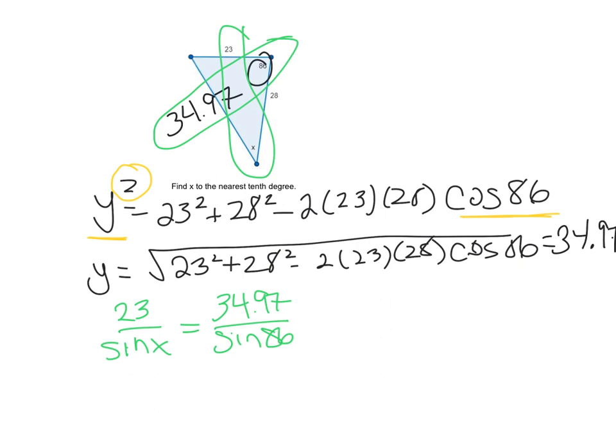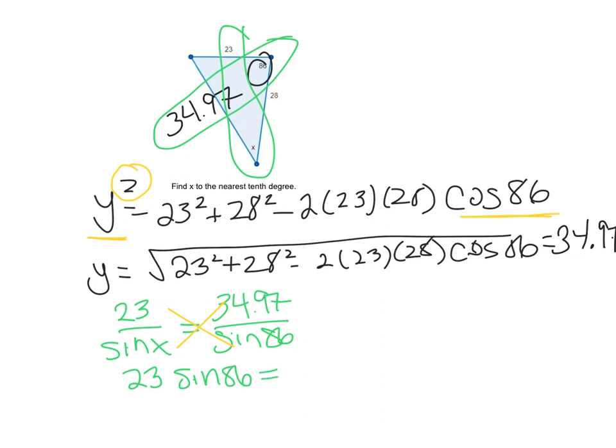It's a proportion, so I can cross multiply. I'm going to write it out before I put it in my calculator. That gives me 23 times sine of 86. Make sure you put the 23 in the front. If you put it at the end, the calculator will multiply the 86 times the 23, which is not what you want. It's not 86, it's the sine of 86, which is a decimal.